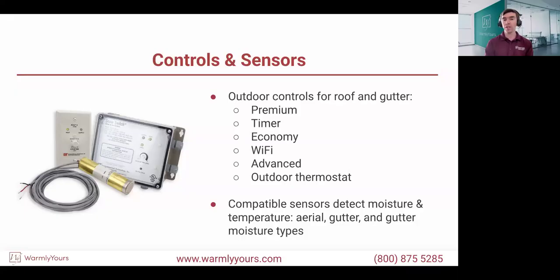You may have a situation where there's no free-falling snow, which means your aerial sensor probably won't get triggered, but your gutter sensor may, because maybe it's that freeze-thaw type situation where some of the snow starts to melt or drip onto the gutter. That's where the gutter sensor sits, so it's going to get triggered, which is great because you don't want that ice dam issue to start occurring. So yeah, a combination of both is probably ideal.